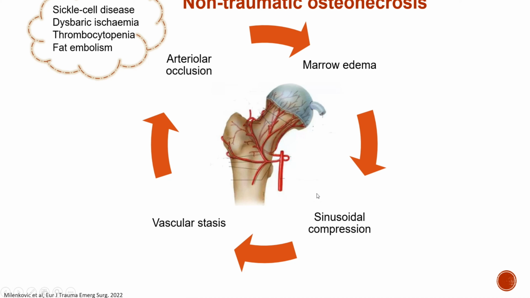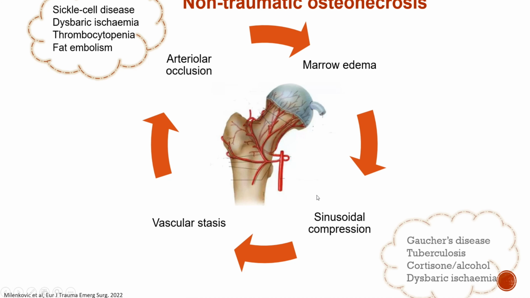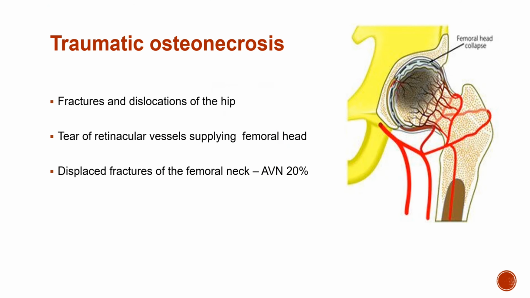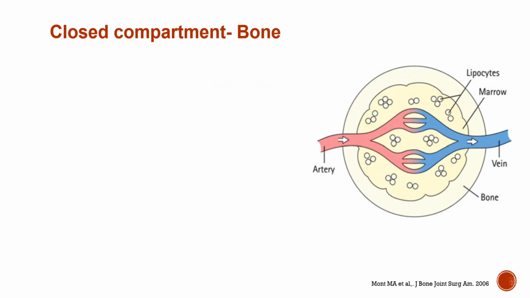These causes can also be starting from the sinusoidal compression by causes such as Gaucher's disease, tuberculosis, alcohol, or even dysbaric ischemia. The traumatic osteonecrosis can be caused due to the fractures or dislocation, and it can be due to the tear in the retinacular vessels and due to fracture dislocations of the femoral neck.